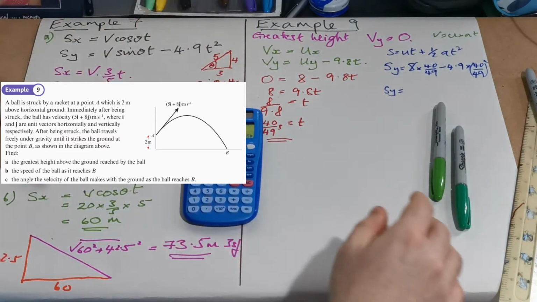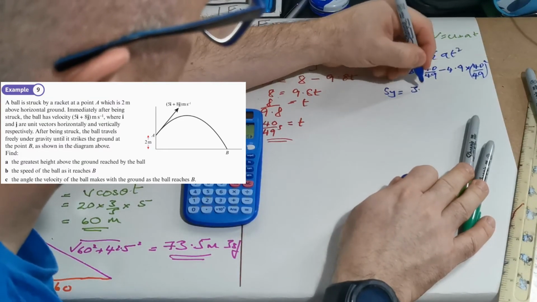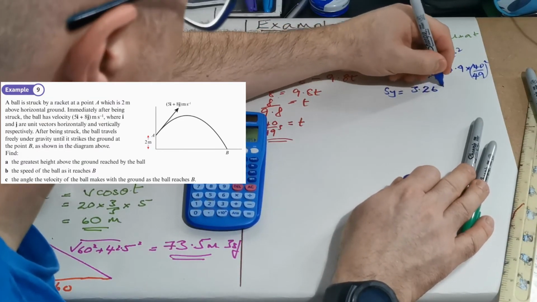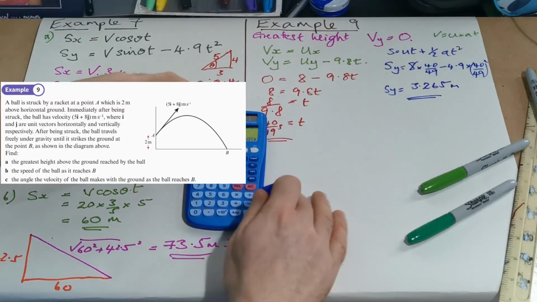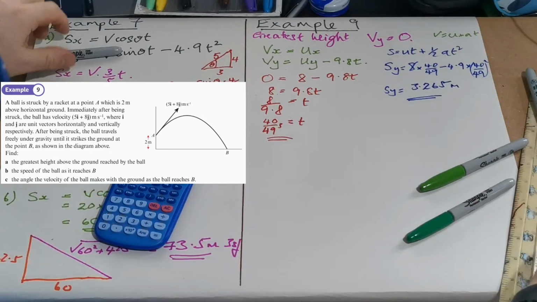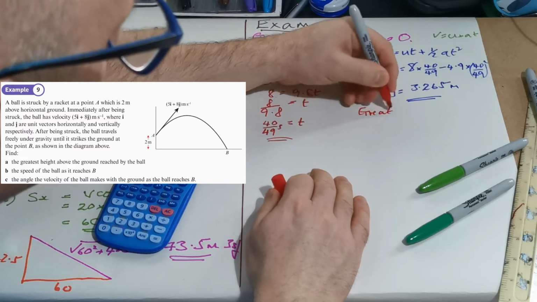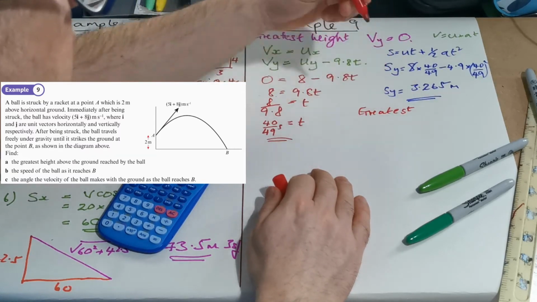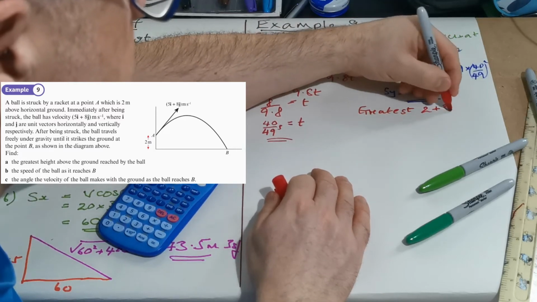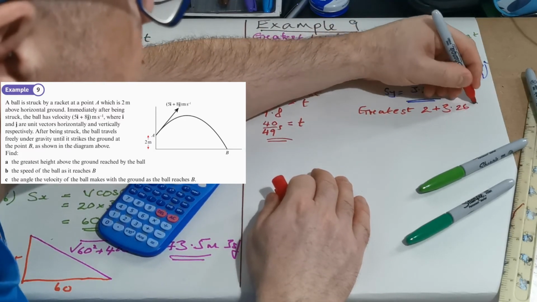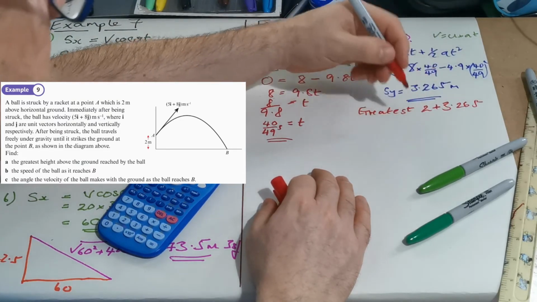And that comes to 3.265 meters, to four significant figures. And so the greatest height, we have to realise that it was projected 2 meters above the ground, so that's 2 plus the 3.265, because remember this is displacement from where it started, so we're having to add the 2.